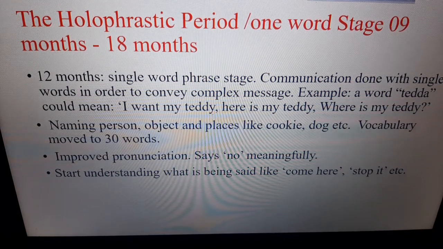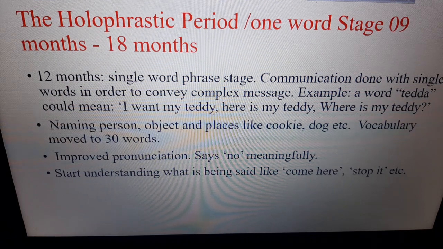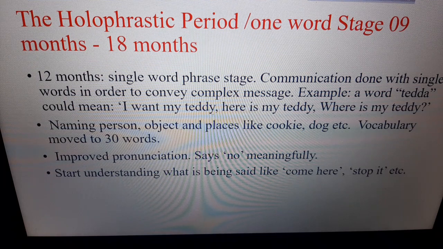The holophrastic period or one-word stage, that is from 9 to 18 months. At 12 months, single word phrase stage. Communication is done with single words in order to convey a complex message. For example, a word tada could mean I want my teddy, here is my teddy, or where is my teddy.